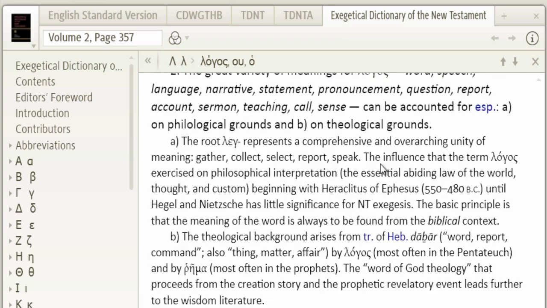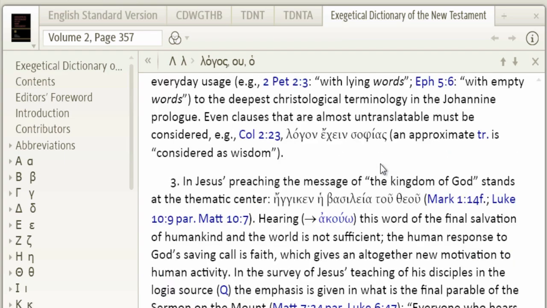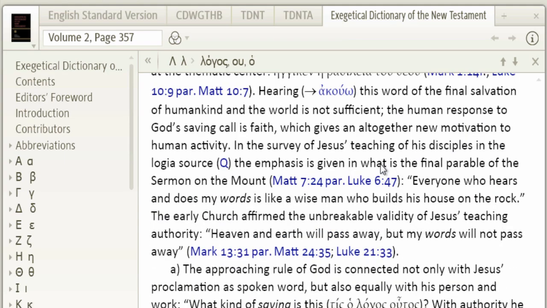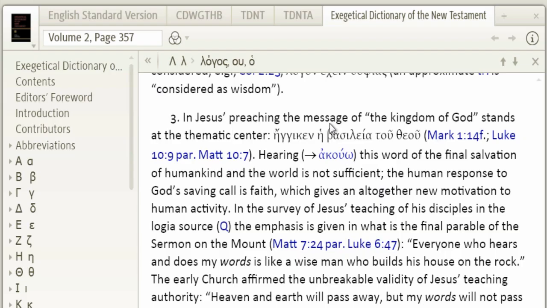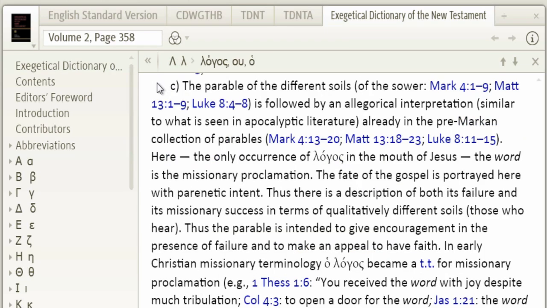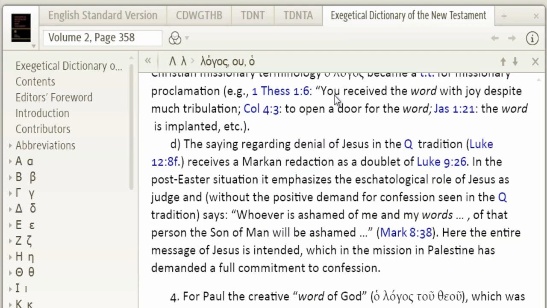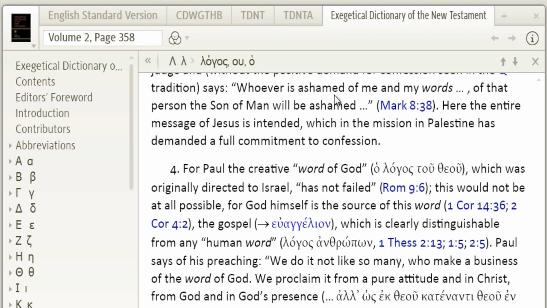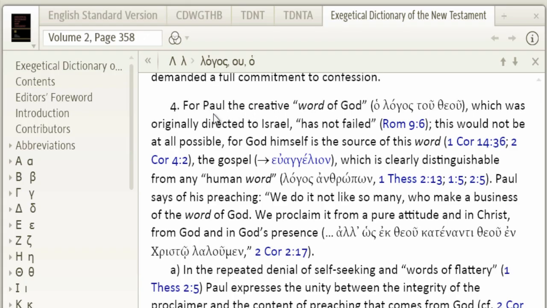And then scrolling down, the third section refers to the use of the word in specific bodies of literature. So for example, the preaching of Jesus. There are even subcategories of the use of the word logos within Jesus' preaching. For example, the use of the word logos in his parables, of the different soils. And then scrolling down, the section under the number 4 talks about Paul's use of the word logos in his letters.